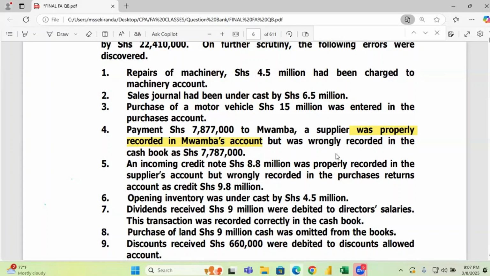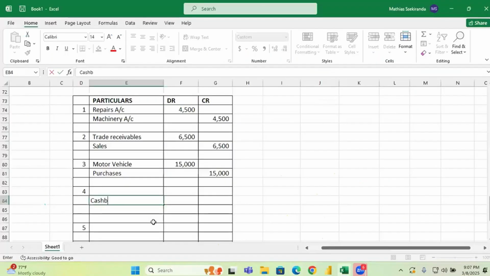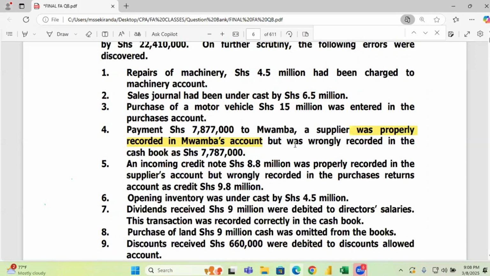So can you increase the credit side of the cash book? So can you credit the cash book more by 90,000? And since it was just undercast, the corresponding figure goes to the suspense. You don't have to disturb the supplier's account. The examiner told you Mwamba's account was properly recorded.